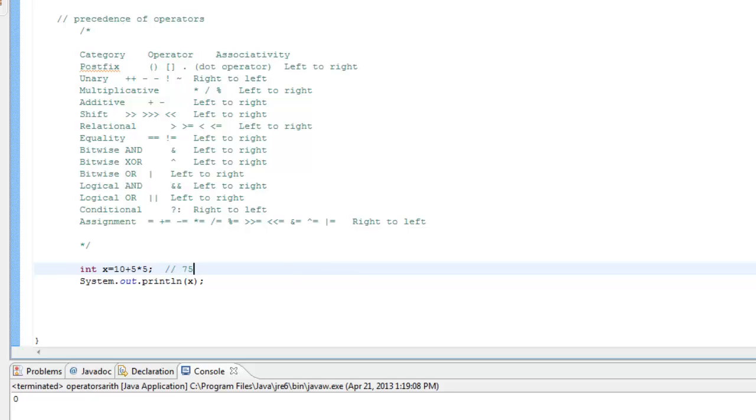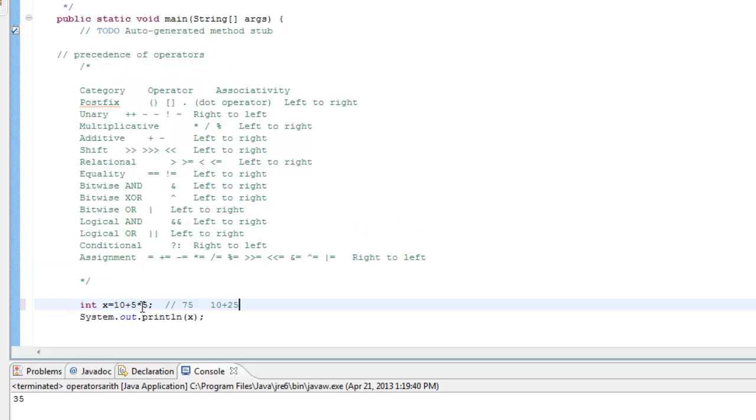But the result comes out to be 35. Now how has this result 35 come? It is 10 plus 25. Now why has this been evaluated first rather than the addition? So this is a chart which shows the precedence of operators, how the operators are evaluated in an expression.